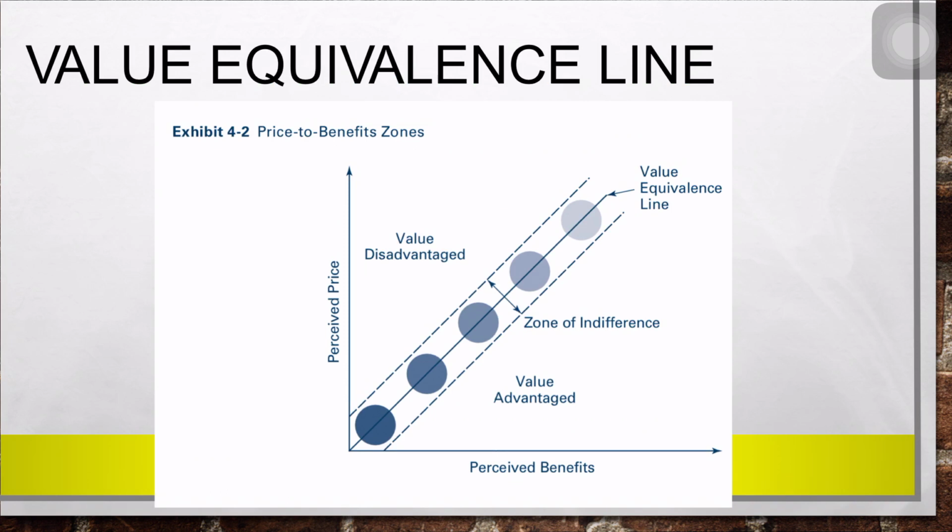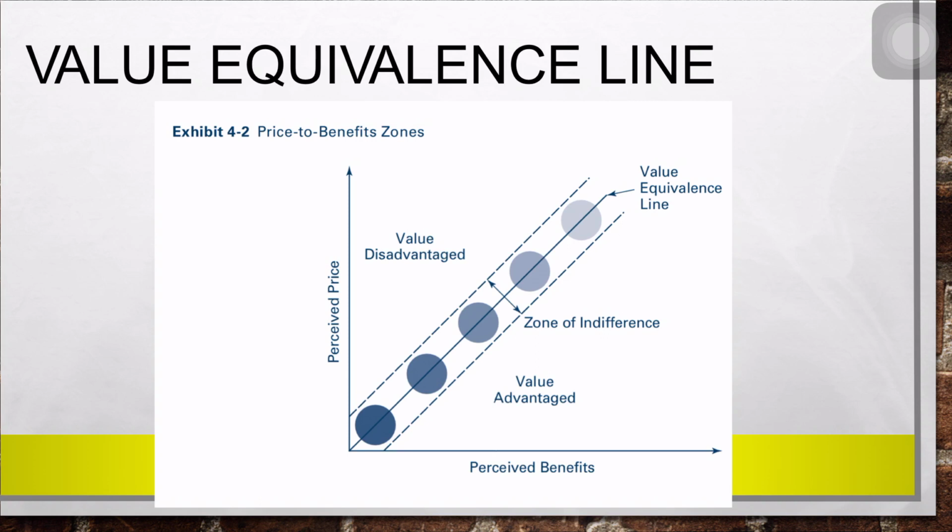As you can see in the sketch, we have perceived price, perceived benefits, value disadvantage, value advantage, zone of indifference, and equivalence.